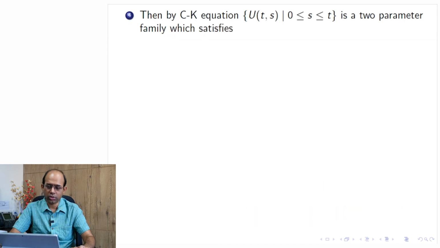Okay, so we are now going to see more properties of this two-parameter family U_{t,s}, where s is less than or equal to t. Then we use the Chapman-Kolmogorov equation.